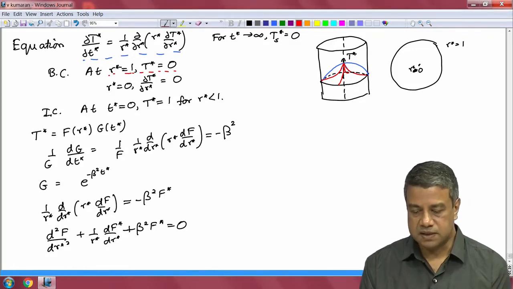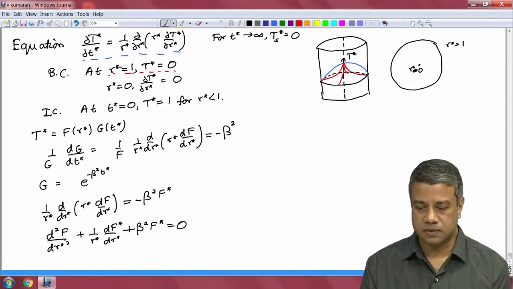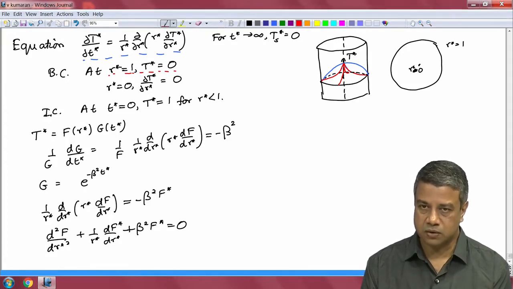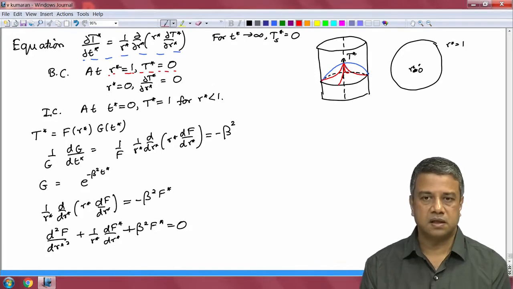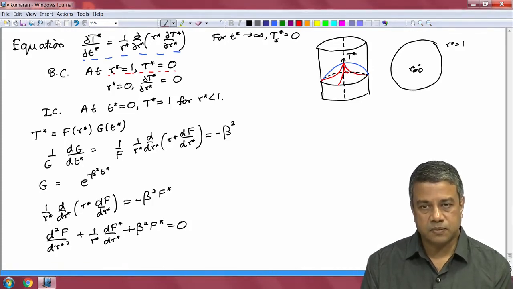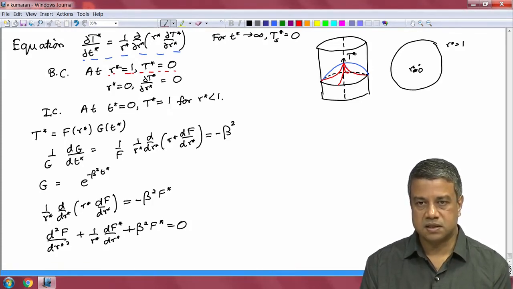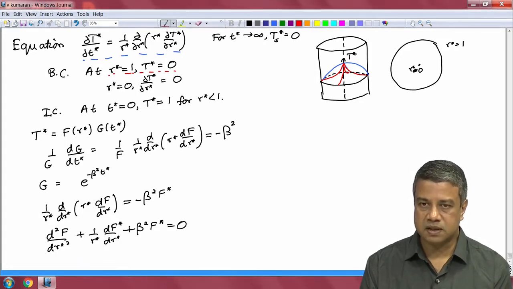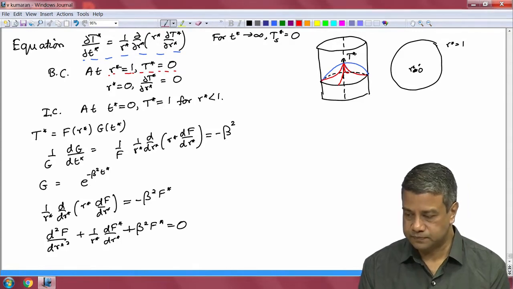However, since this is a second order differential equation, we have to solve subject to conditions at two boundaries. And the condition at r star equal to 0 follows from the symmetry requirement that as I approach the axis, since there is no physical boundary at the axis, the derivative of the temperature has to be uniquely specified independent of the direction from which you approach the axis.